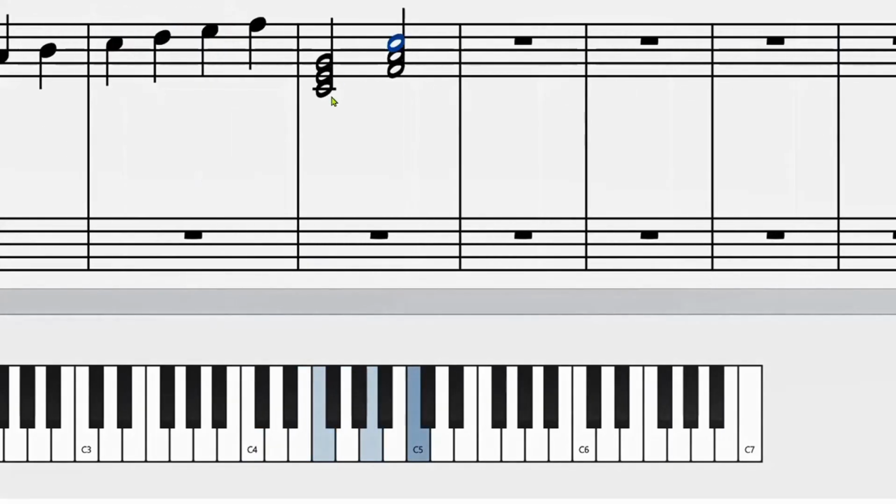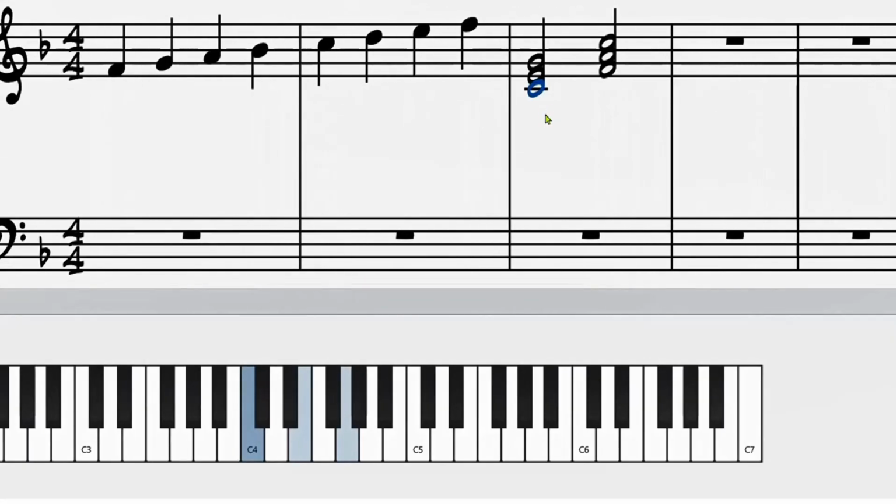So this is the tonic. This is the dominant, and in the key of F, the C major naturally wants to draw our ear up to the F. Played together, they sound like this. You can see how that works. So the dominant chord has a strong pull that makes your ear want to hear the tonic, which is the home chord built on the first note of the scale.